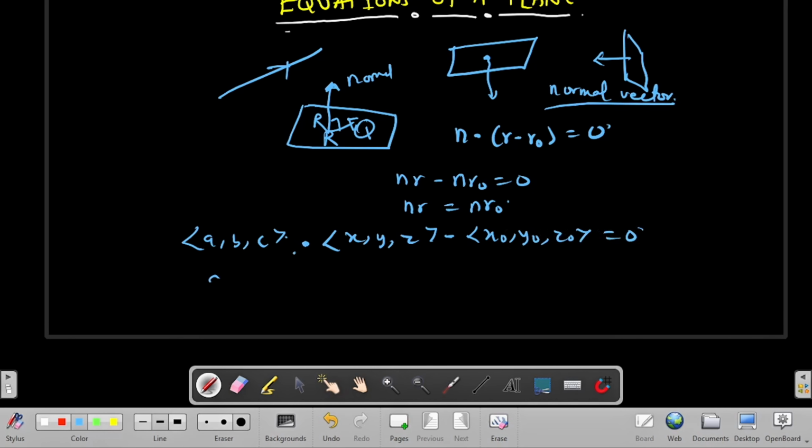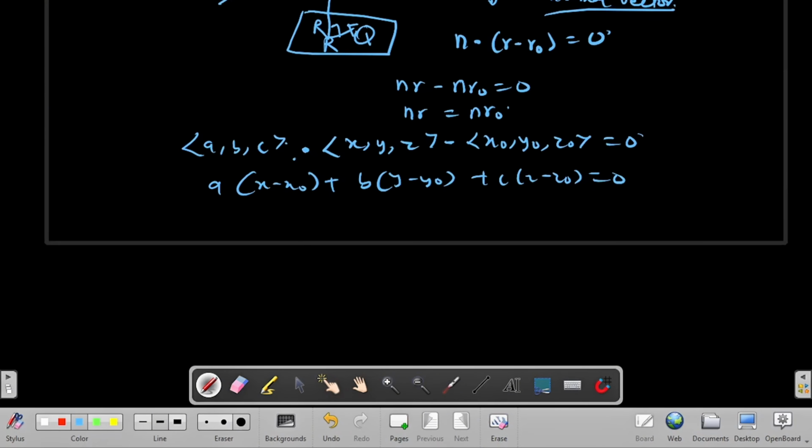So here what do we get? We end up getting a(x minus x naught) plus b(y minus y naught) plus c(z minus z naught) is equal to 0. So this is actually the equation of a plane.